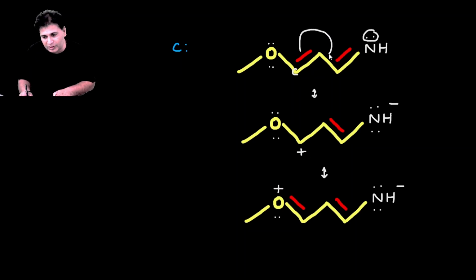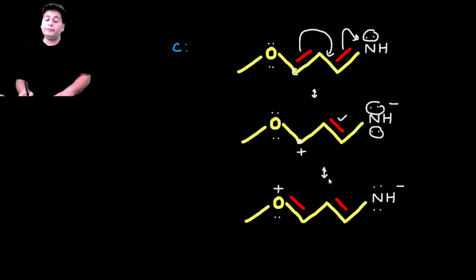This pi bond will shift this way and this pi bond will sit on nitrogen to bring one more lone pair and a minus formal charge. And as you all can see, this carbon will get a plus charge because electrons have shifted away from it. A new pi bond is created and now this nitrogen has got two lone pairs.